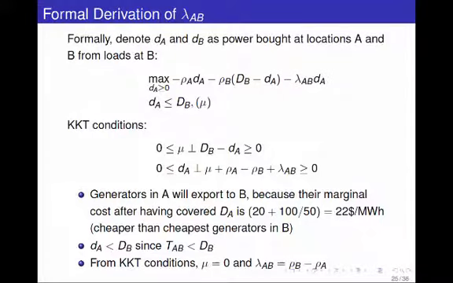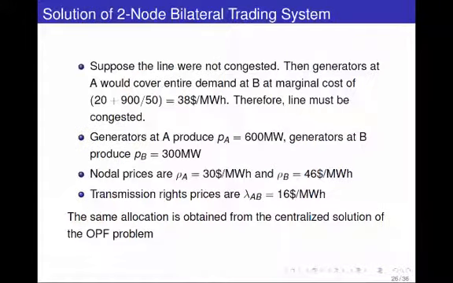It looks a lot like what you would get from solving a different problem though, right? What problem is that? What would happen if the system operator decided everything and there weren't any markets in the first place?